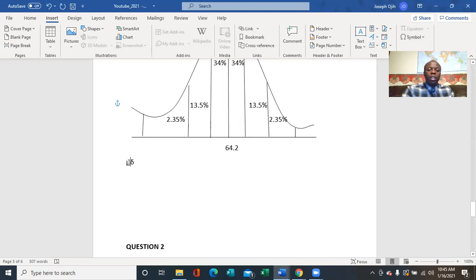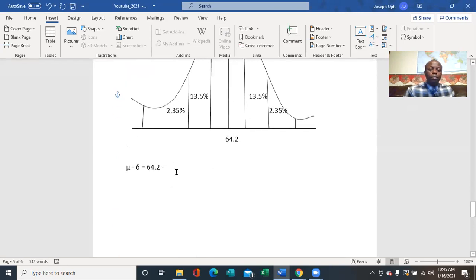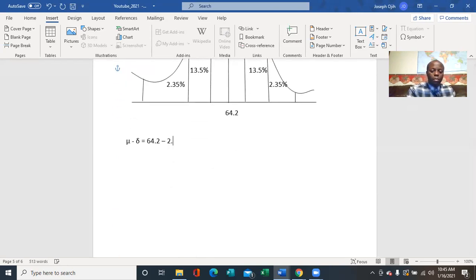So mean minus one standard deviation will be equal to, our mean is 64.2, and the standard deviation we are given as 2.9. And this is for the left side. Remember, this is left.